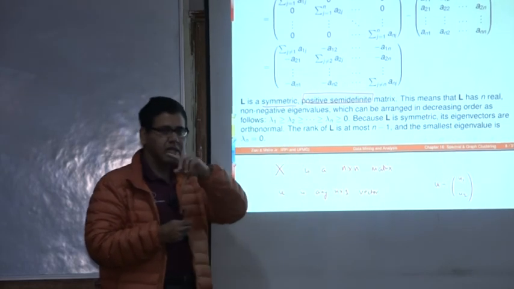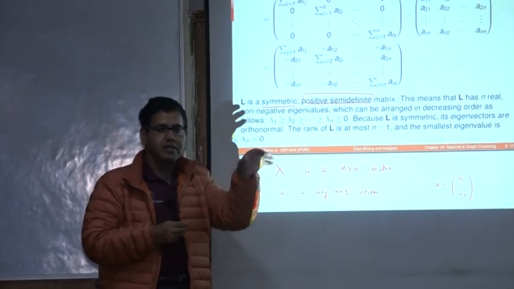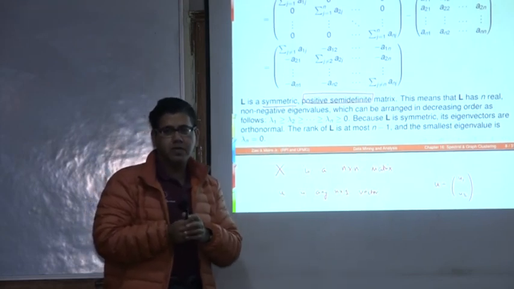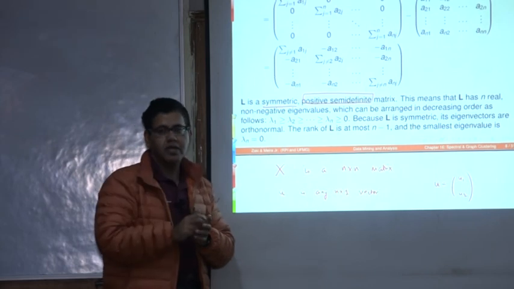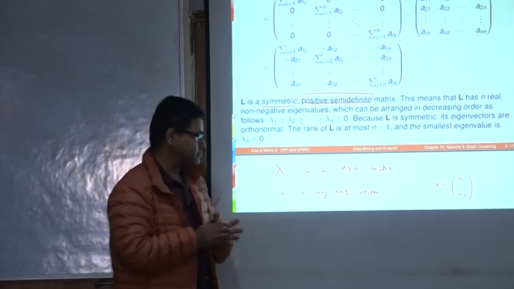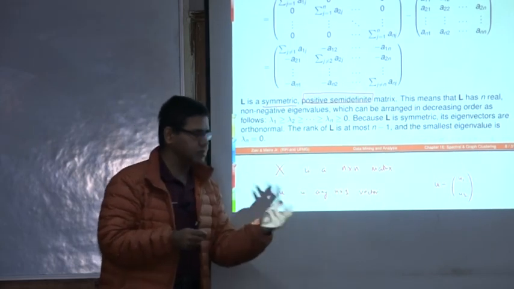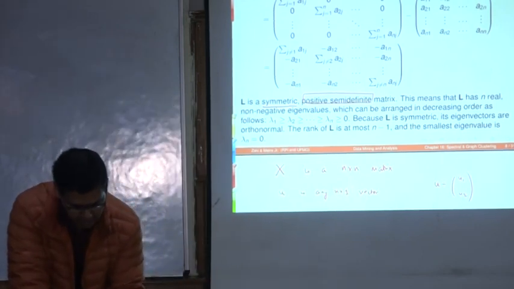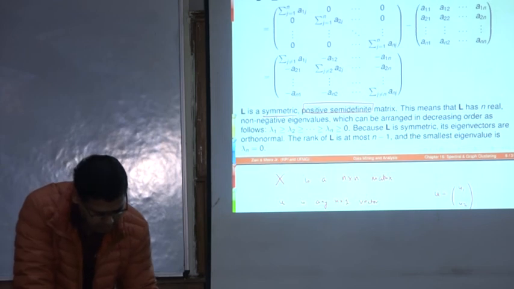That means if you look at the equation L times u equal to lambda times u, at least one of the values has to be a 0. One can show that. So we can say the rank is at most n minus 1. I'll come back to this, but the main point here is that the eigenvalues are all non-negative and they're real.